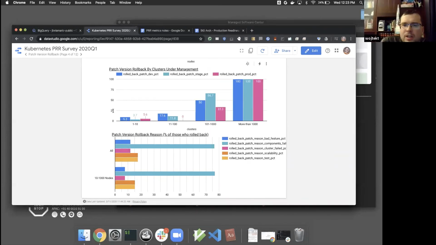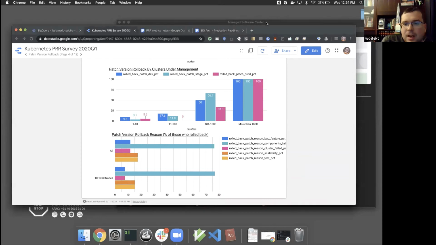Is it possible that it's not necessarily related to what we are doing in Kubernetes, but some providers? I know that in GKE we sometimes enable some things in patch releases. So I can imagine some cloud providers enable something in patch releases and that actually breaks something, and because of that, people need to revert or roll back.